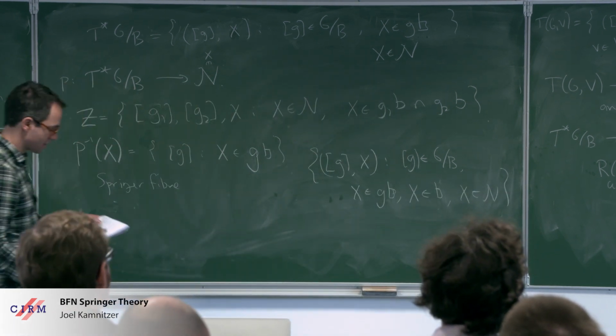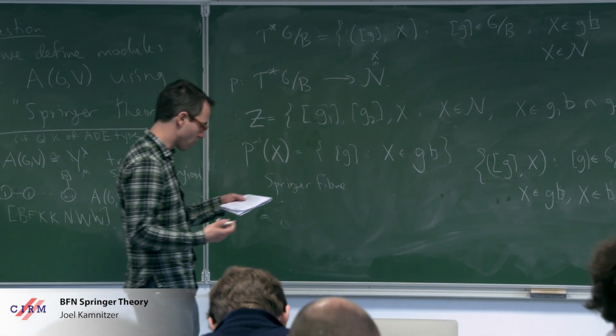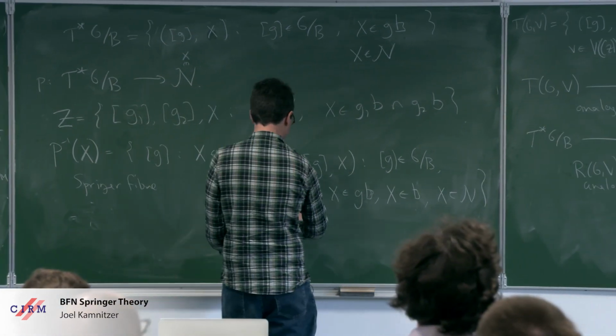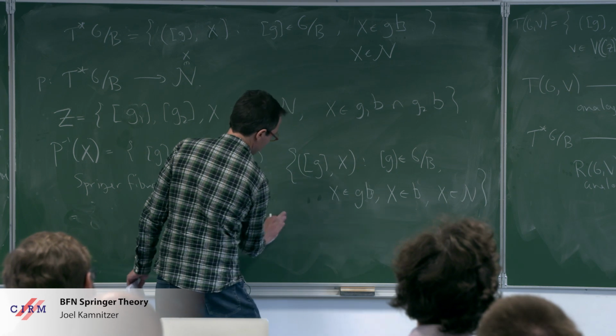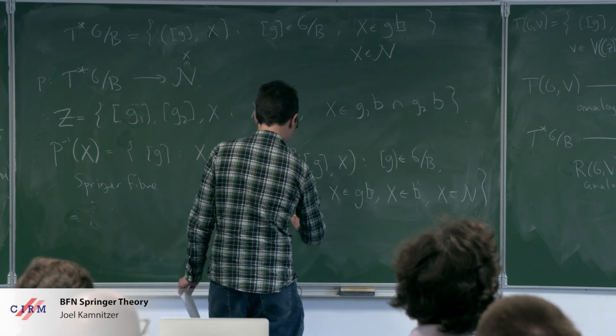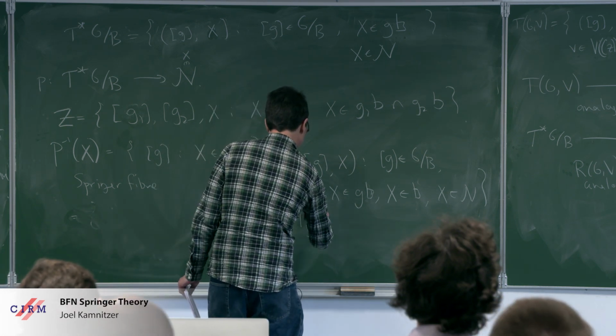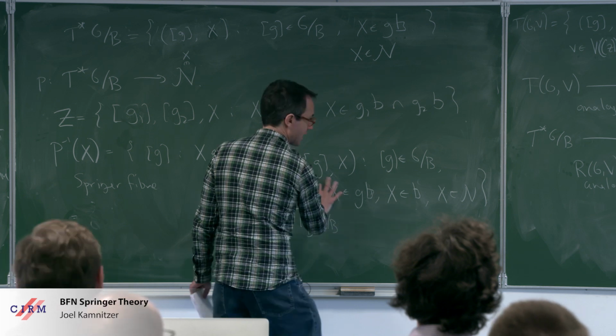That kind of space is nothing but the union of the conormals to the Schubert cells. So that's the analog of RGV.